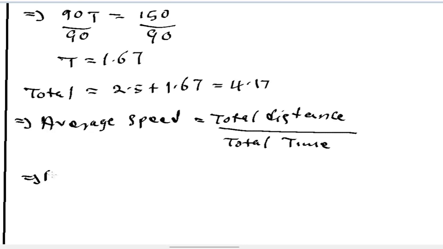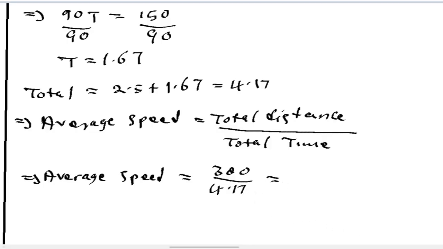And that means average speed is now equal to total distance, as given in the question, is 300, and then total time is 4.17 hours.